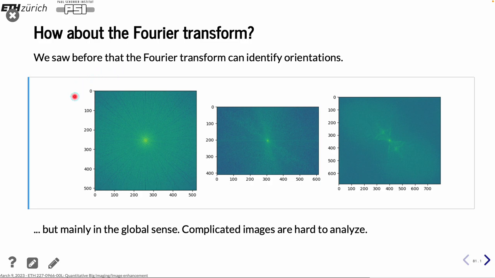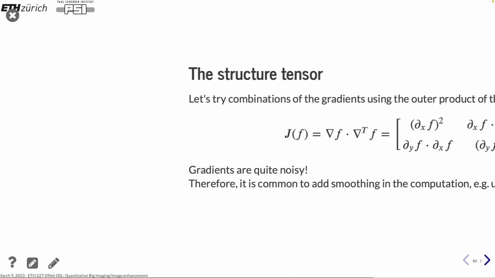In the hair, I'm again fighting against the light and contrast, but here you could in principle see a streak going this way and a streak going a little more along the y-axis. In the peacock feather, you can in principle spot the 45-degree diagonal, but there's a lot of fuzziness. So the Fourier transform is also not ideal to identify orientations in the image.